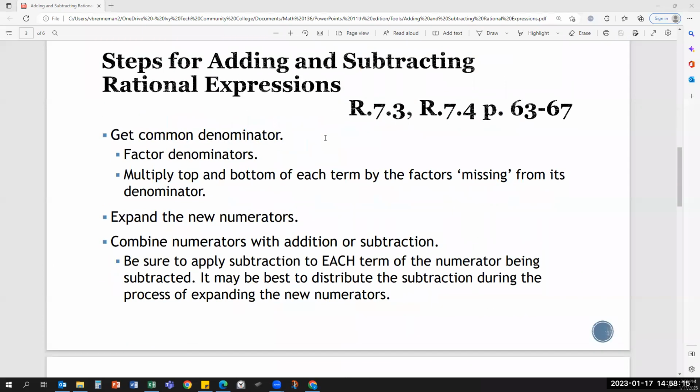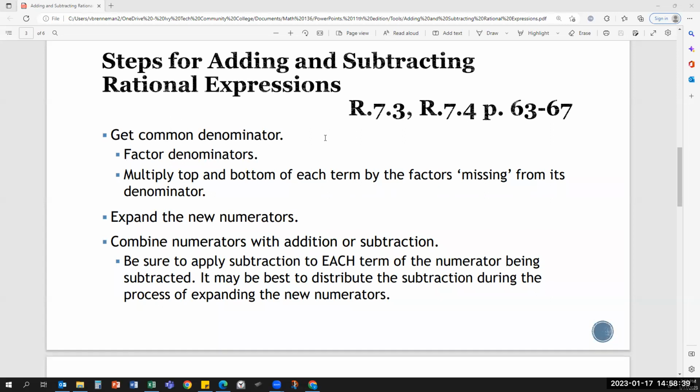So the steps you're going to do. First step, get the common denominator. The way you do that, factor the denominators, and then multiply the top and bottom of each fraction that's being added by whatever factors are in the other denominator that are missing from that denominator. So you do that to get the same denominator on both.